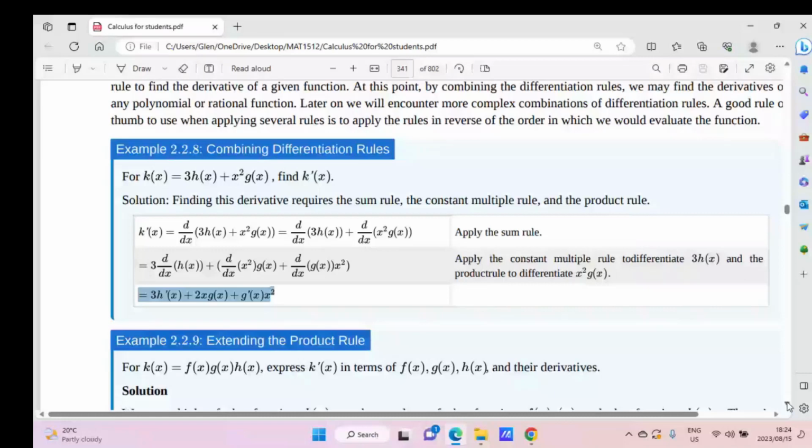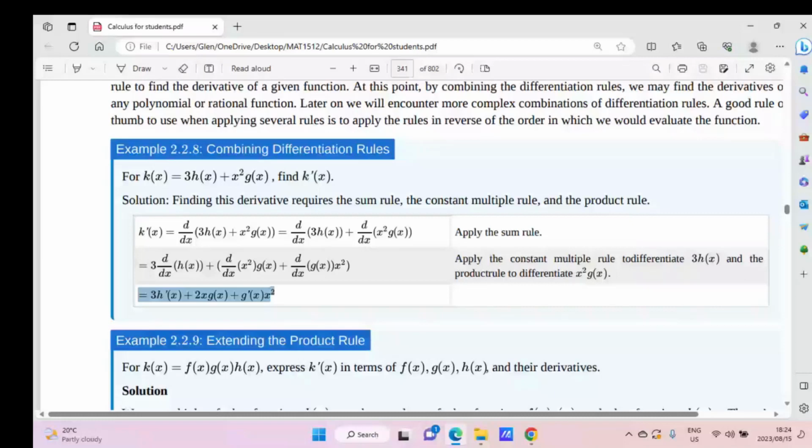Ndumiso? Yes, sir. My apology for interrupting you. Okay, sir. Can I request you? Do you see example 2.2.8? Yes, sir. Let me request you.